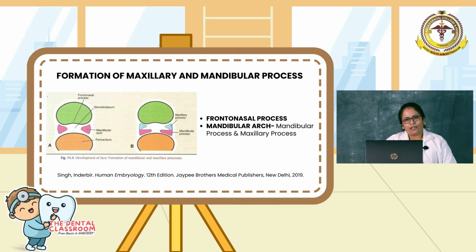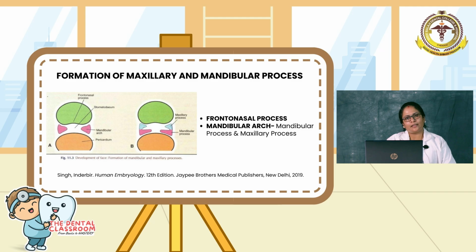Now let's see how the formation of the maxillary and mandibular processes happens. The first pharyngeal arch is one of the most important structures in facial development. It divides into 2 prominences, the maxillary process and the mandibular process. The 2 mandibular processes grow towards each other and eventually fuse at the midline to form the lower jaw, which is the mandible.